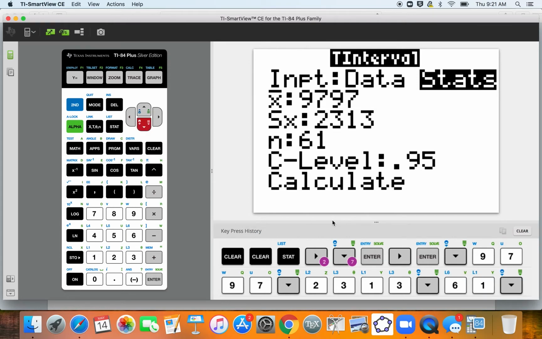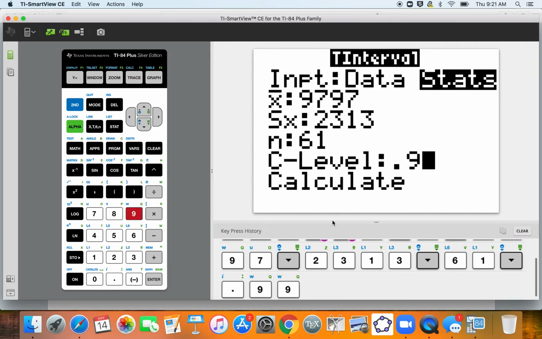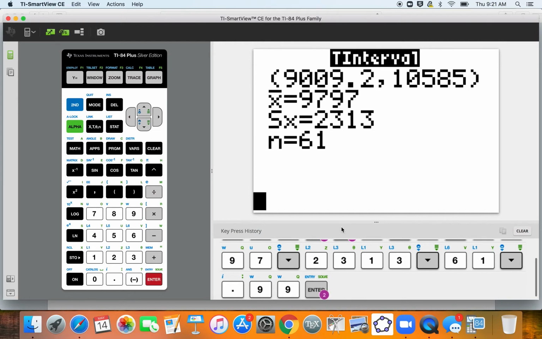And the confidence level that we want is 99, so 0.99. And then we'll just go ahead and calculate that. Let me write this down real quick. So let's see, we have an interval of 9009.2 to 10,585.